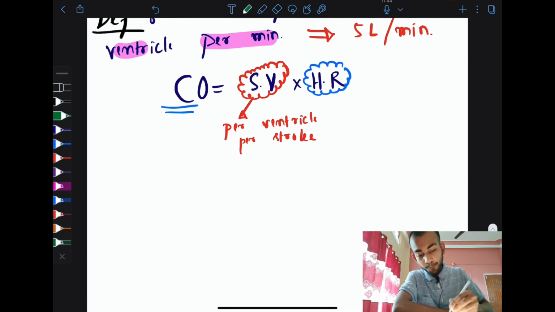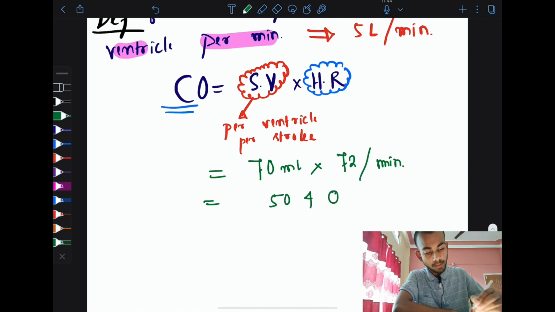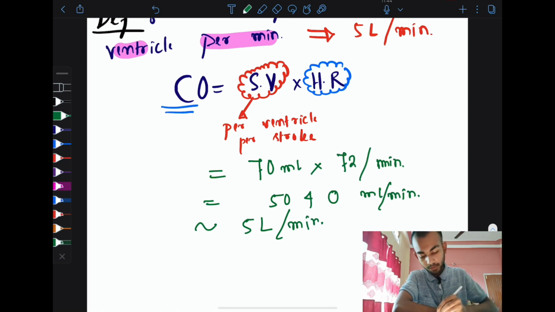Now if we put their values in the formula, we know that the stroke volume is equal to 70 milliliters per stroke, and the heart rate is 72 beats per minute. So if you multiply them, it comes out to be 5040 ml per minute, which if we express in terms of liters comes approximately 5 liters per minute, right?